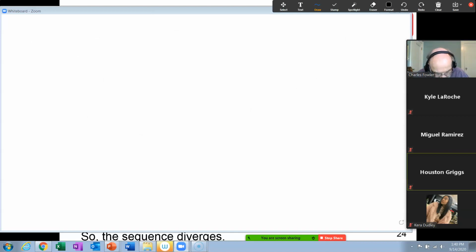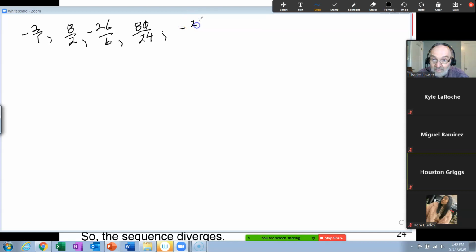Determine the nth term of this sequence whose first 5 terms are -2/1, strange number, 8/2, -26/6, 80/24, and -242 over 120. Weird sequence.